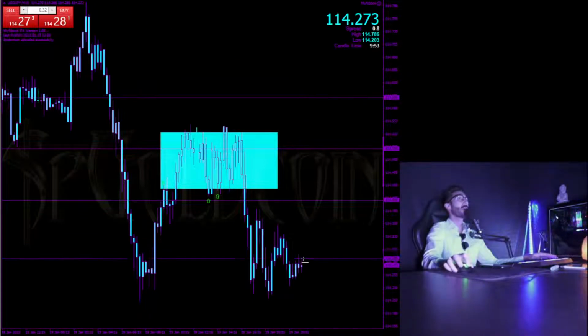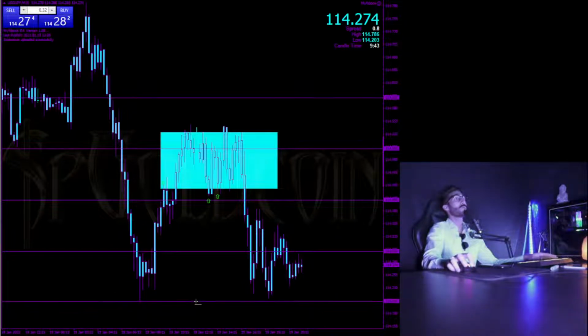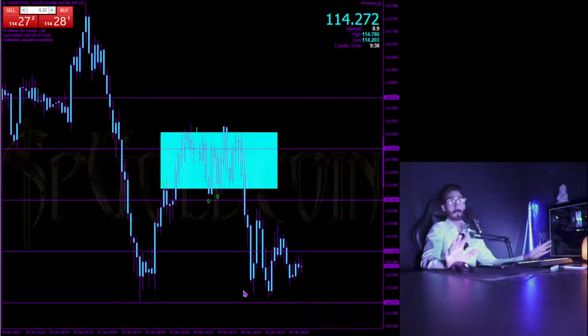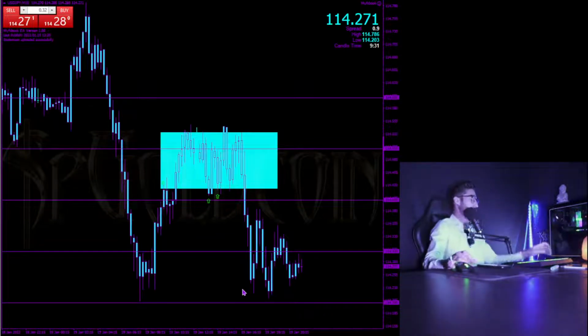And if we go down, 114.3. And the next one under that is 114.2. But this is outside of session time. This is where the crucial times come in. This is outside of session time. So disregard what's happening now.